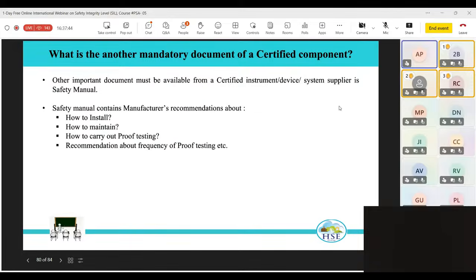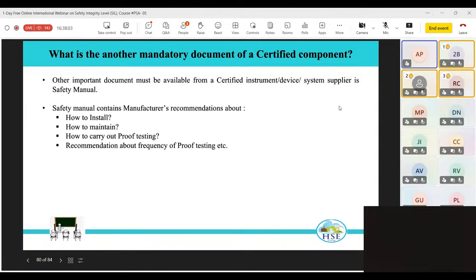Okay. What is another mandatory document of a certified company? Other important document that must be available from a certified instrument, device or system supplier is the safety manual. Okay, so we have got the SIL certificate.